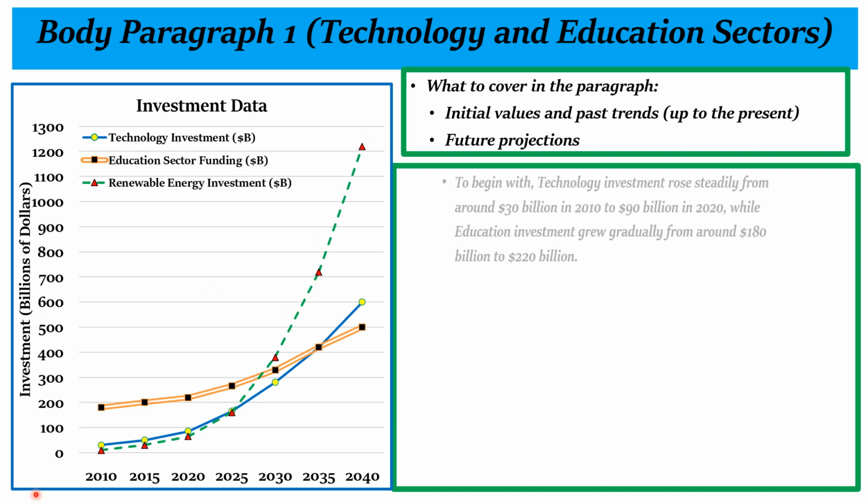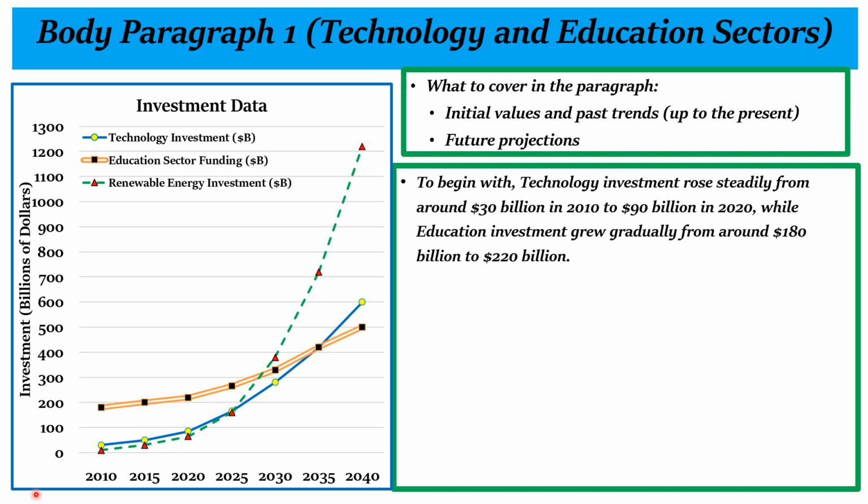To begin with, technology investment rose steadily from around $30 billion in 2010 to $90 billion in 2020, while education investment grew gradually from around $180 billion to $220 billion. In this sentence, we introduce the initial values of investments in both sectors.